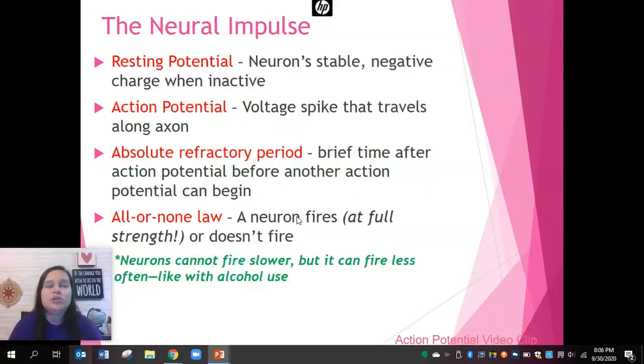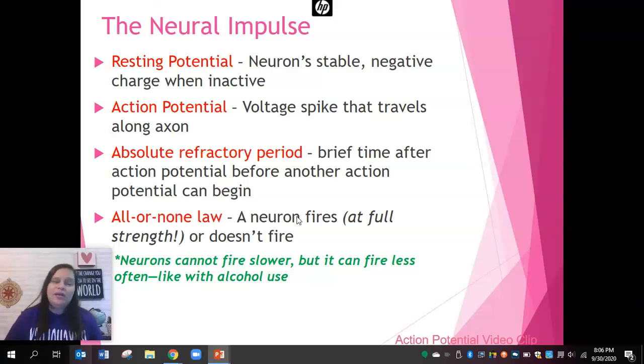All right, so let's talk more about that neural impulse, the action potential. While a neuron is just waiting to receive a message, we say that it has a resting potential. It is stable, it has a negative charge. Now, I don't go into all the deep detail about sodium ions and sodium channels, but there is a lot more detail to what causes that neural impulse to form.